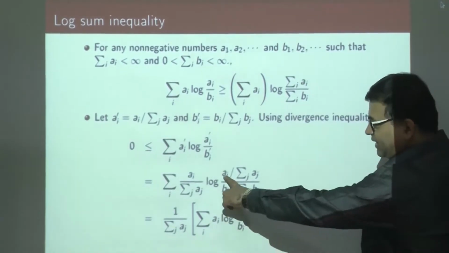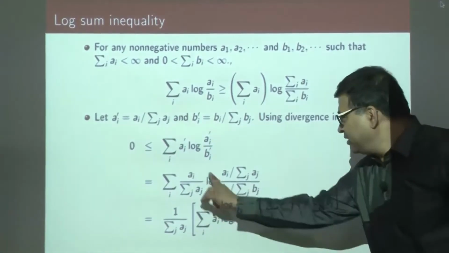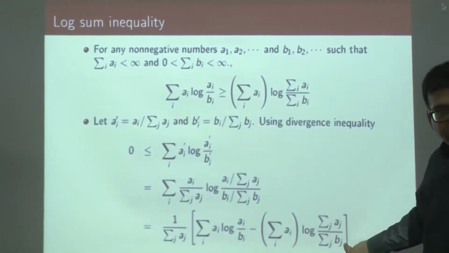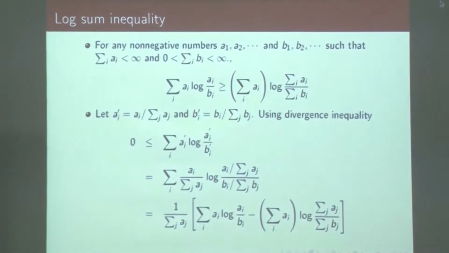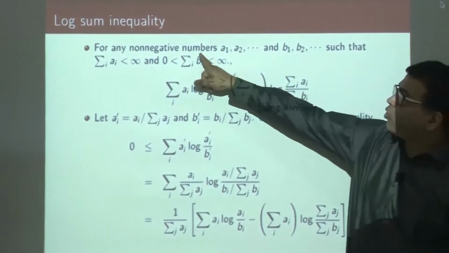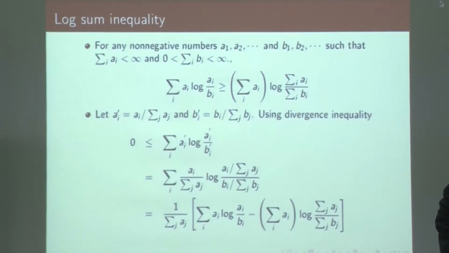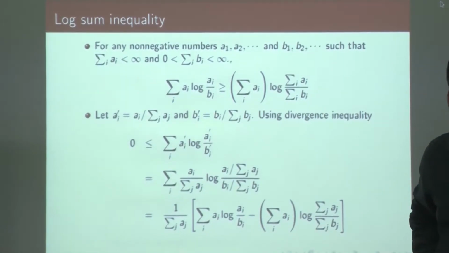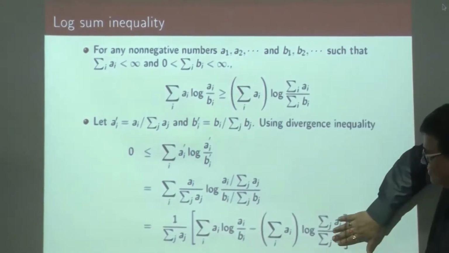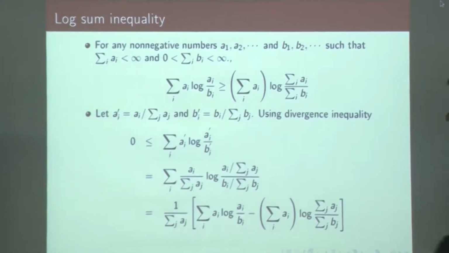So I am getting ai by bi over the summation of ai, and then again the summation of ai, minus log of the summation of ai by bi. Is this clear? Now what can you say about the summation of ai? I said they are non-negative numbers, right. The summation would be positive, right. So this is positive, so then I say this is greater than 0. What do you expect?